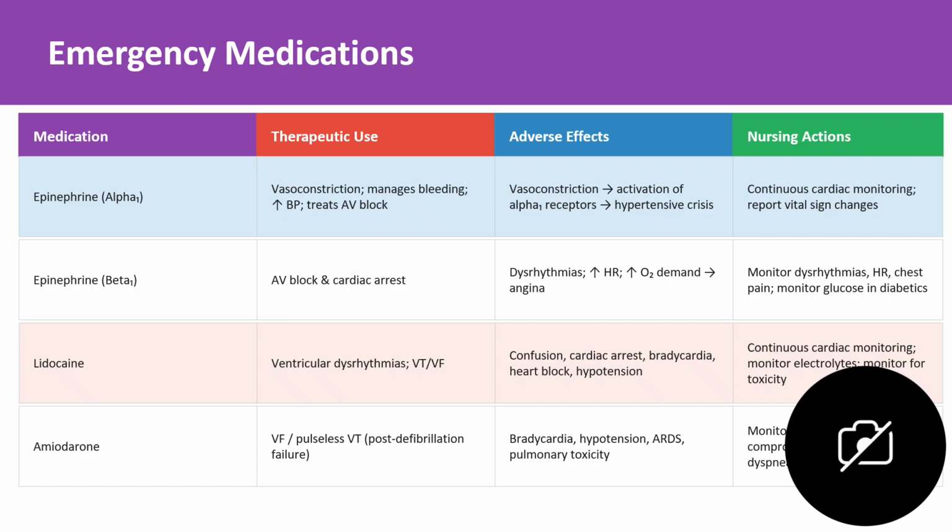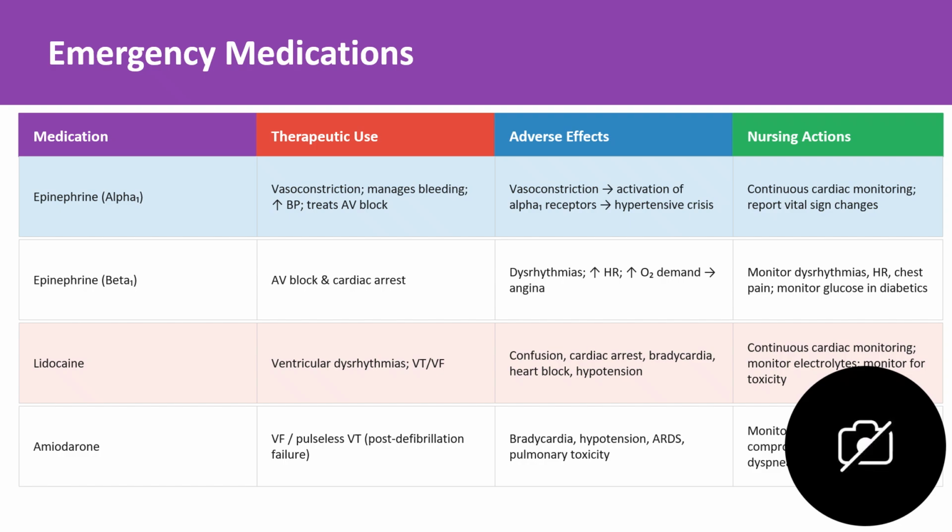As an alpha-1 agent, it causes vasoconstriction, elevates blood pressure, manages bleeding, and treats AV block. But it can cause hypertensive crisis. As a beta-1 agent, it is used in AV block and cardiac arrest, but can cause dysrhythmias. Be mindful of dysrhythmia or tachycardia, increased oxygen demand leading to angina again.